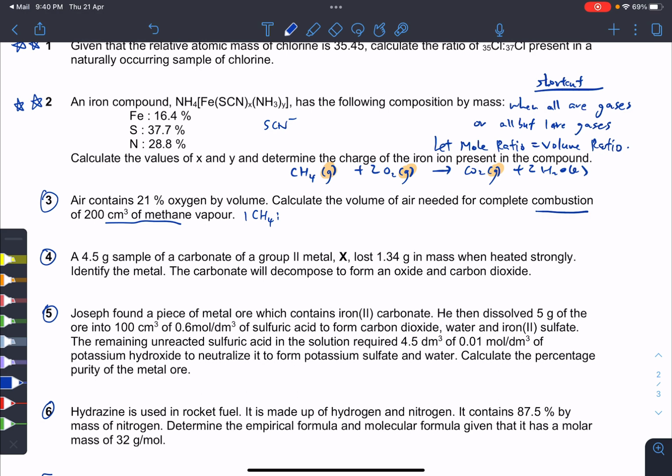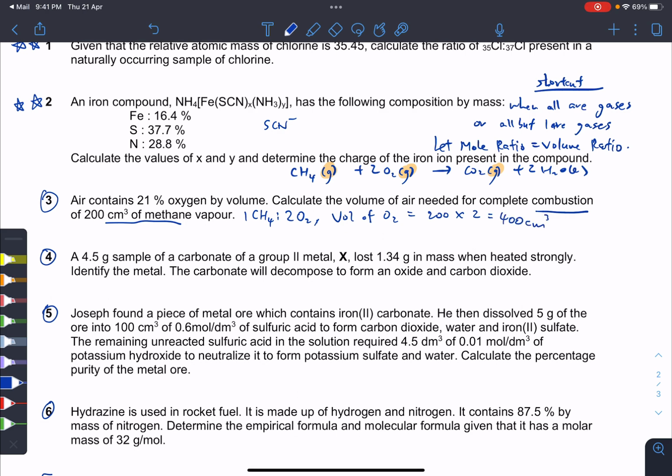Air is basically oxygen, so it's 1 is to 2 oxygen. So the volume of oxygen is 200 times 2, because 1 is to 2, 2 is to 4, 10 is to 20, 200 is to 400. So that's how it works. So it's 400 cm cube.